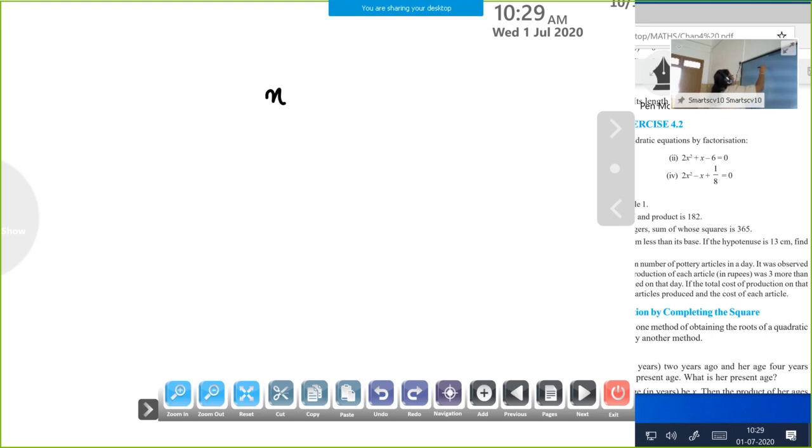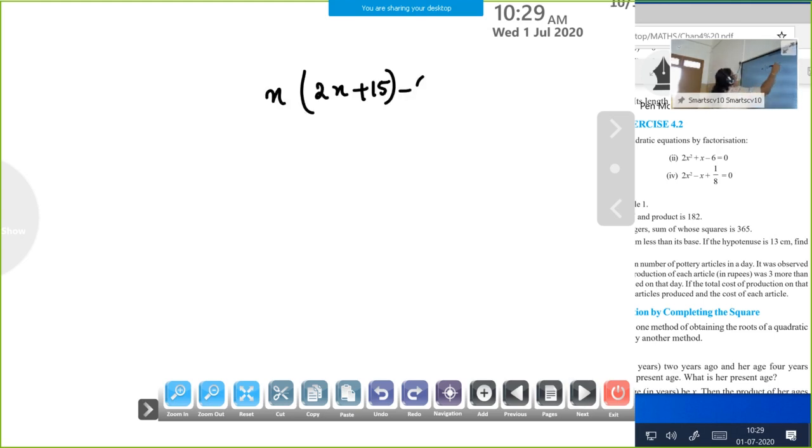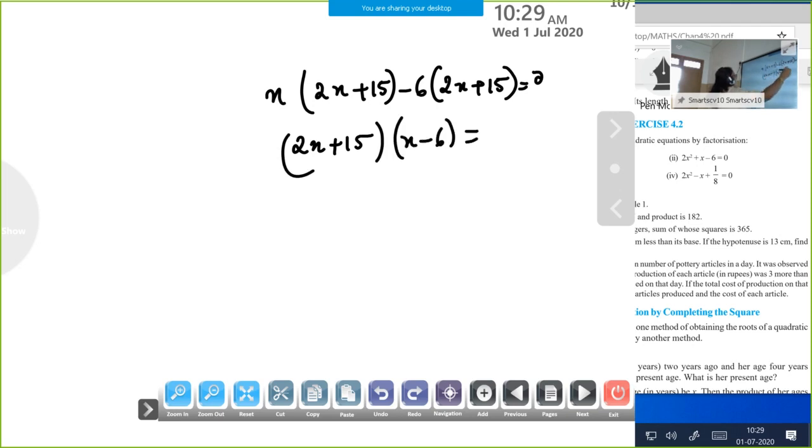Then x common, 2x plus 15, minus 6 common. 2x plus 15 into x minus 6 is equal to 0.